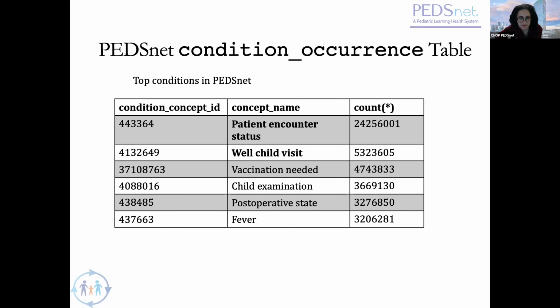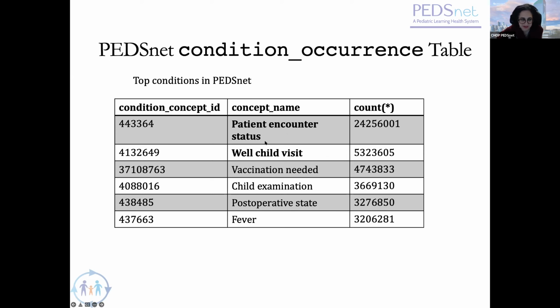So the PEDSnet condition occurrence table, these are the top conditions in PEDSnet. And this is meant to show that sometimes what we expect to show up as top conditions are not. So the most common condition in PEDSnet is called the patient encounter status. So not an actual ailment, like asthma or something like that.